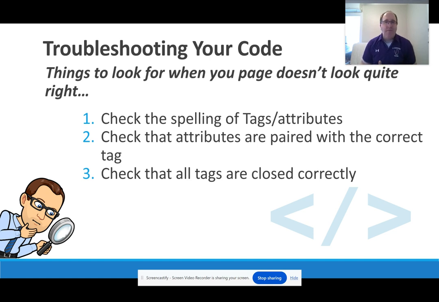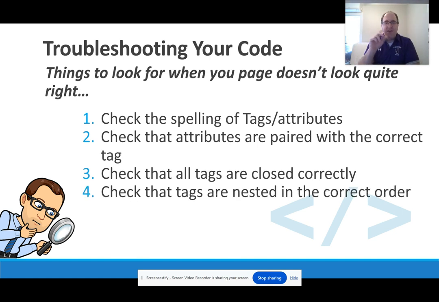One of the habits you can get into is, almost immediately sometimes when I open a new paragraph tag, before I even put the paragraph text in there, I will close the tag immediately. Open, close paragraph, and then stick my paragraph text in the middle. Make sure you've closed all your tags correctly.